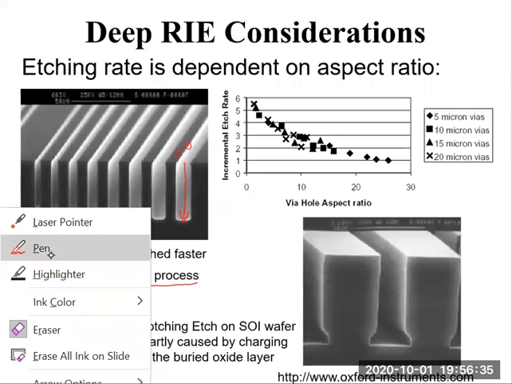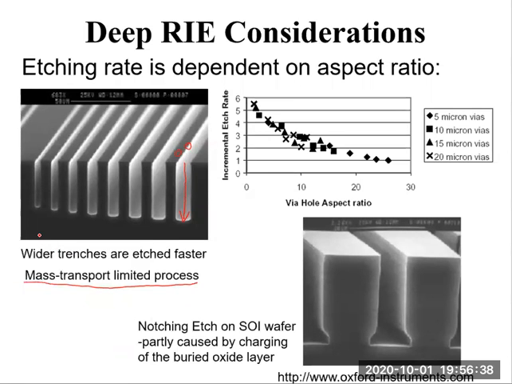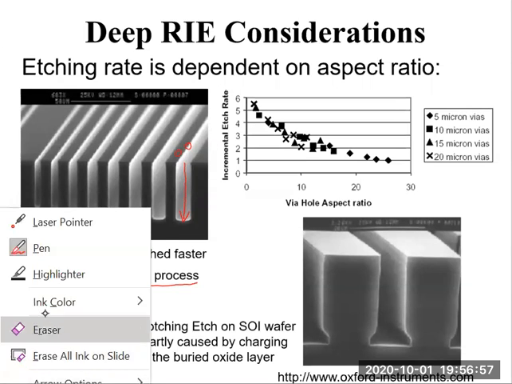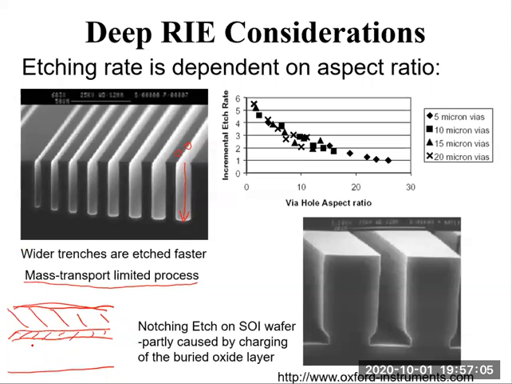So we have a device layer, an insulator, typically silicon dioxide, so this is the top device layer, and a bottom handle layer. So, silicon on insulator.